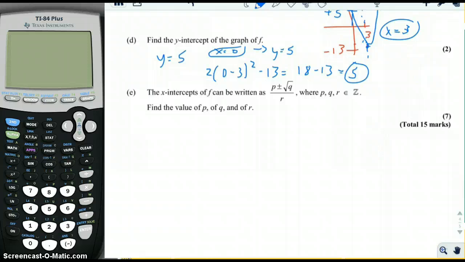Last of all, they say the x-intercepts of f can be written in this form. That looks strangely familiar. It looks kind of like the quadratic formula. It's not a coincidence.